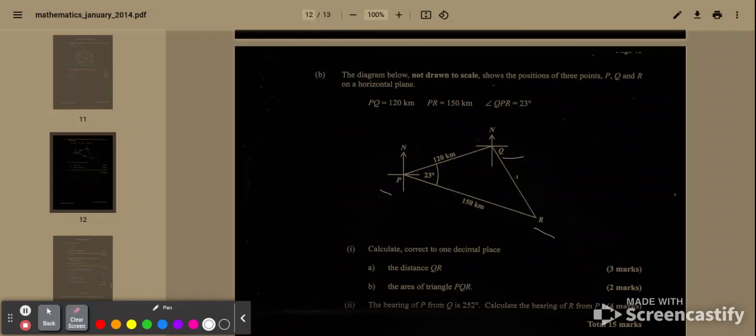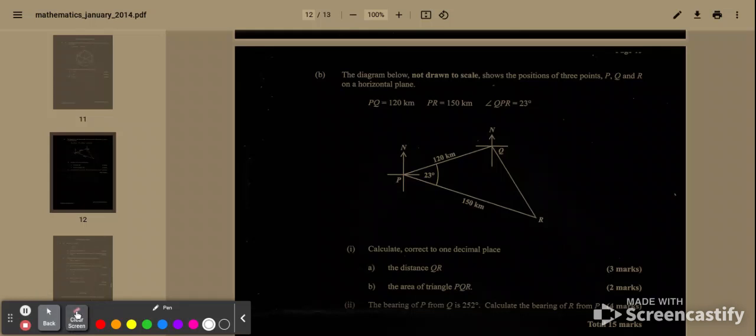PQ is 120 kilometers, PR is 150 kilometers, and angle QPR is 23 degrees. So what they want us to do is to calculate, correct to one decimal place, the distance of QR. So they want us to find this side here.